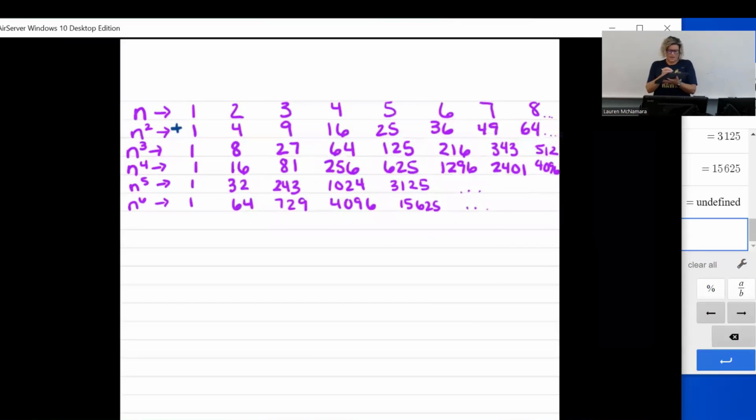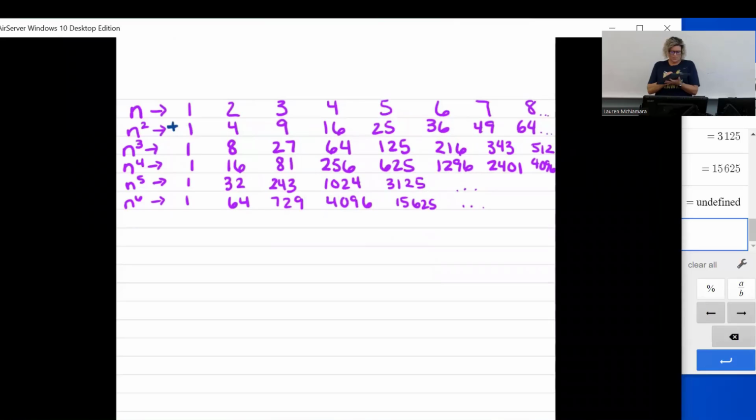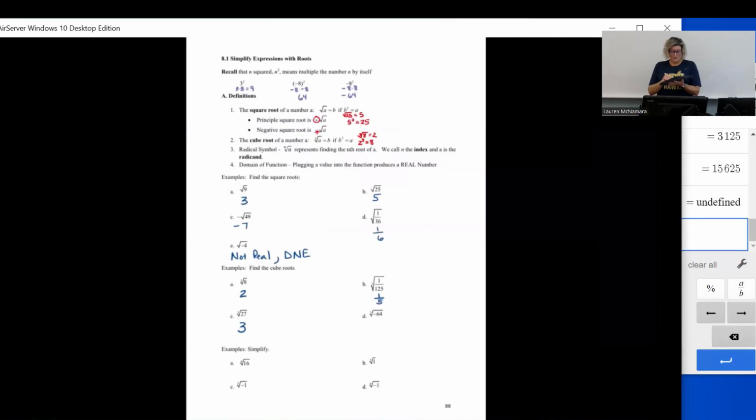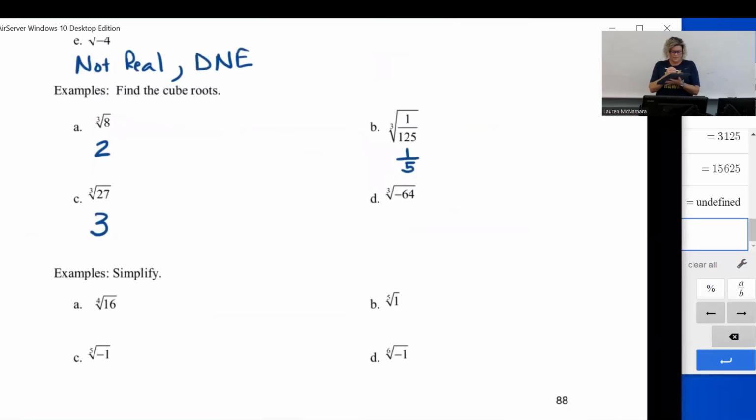Now I have negative 64. First of all, I'm going to look at my perfect cubes. I see 1, 8, 27, 64. So 64 is a perfect cube, but now it's asking, can it be negative? Well, let's check. Negative 4 times negative 4 times negative 4. If I have 3 negatives, it's going to be a negative, and I'm going to get negative 64.